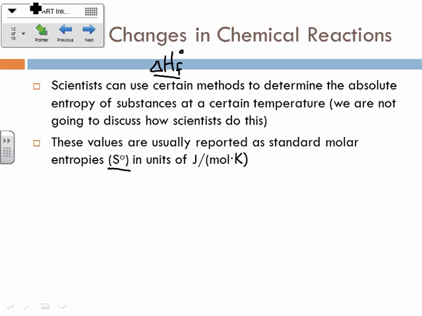Take the products minus the reactants, okay? And you can figure out your overall delta S for the reaction, okay? So we're going to do some review in class today on how to do delta H type problems like that, because I think reviewing on that will help you with this, okay?